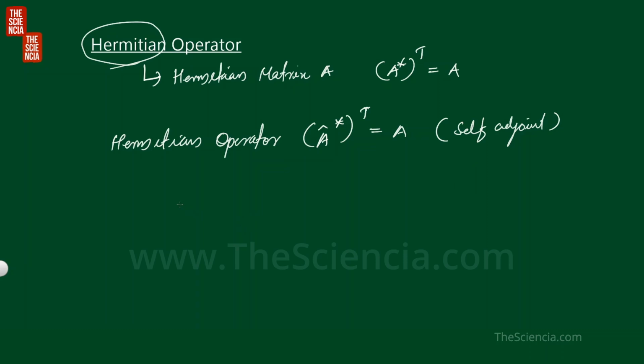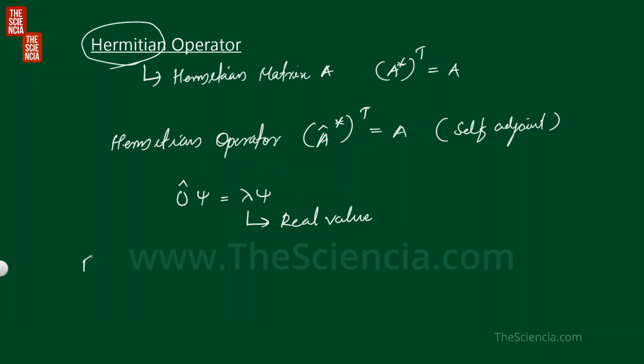If a Hermitian operator operates on some state, it gives an eigenvalue times the state itself. And this eigenvalue has a certain property: it is always a real value.